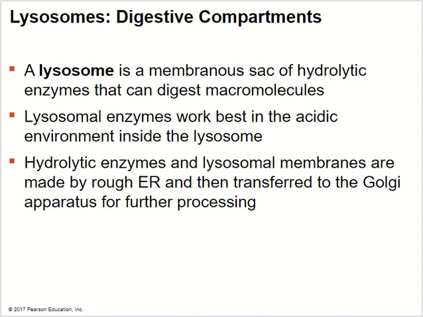Lysosomal enzymes work best in the acidic environment inside the lysosome, essentially making a separate part of a cell that can be acidic, while keeping the rest of the cell not at those pH conditions. Hydrolytic enzymes and lysosomal membranes are made by rough ER and then transferred to the Golgi apparatus for further processing.